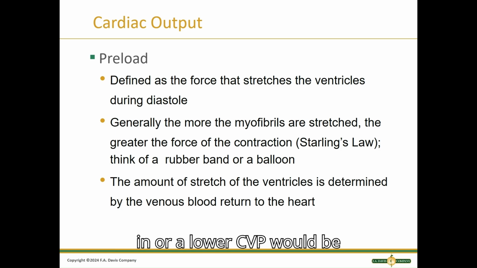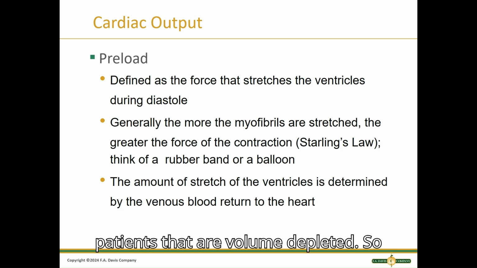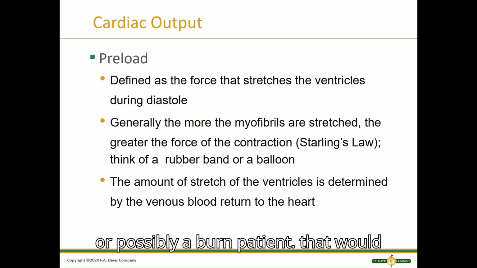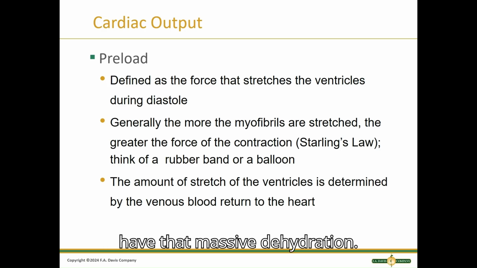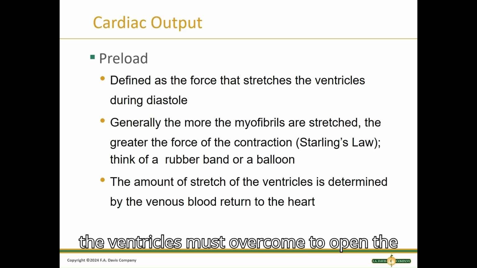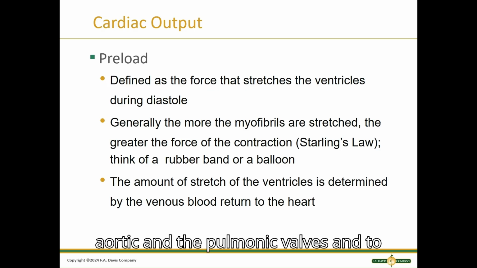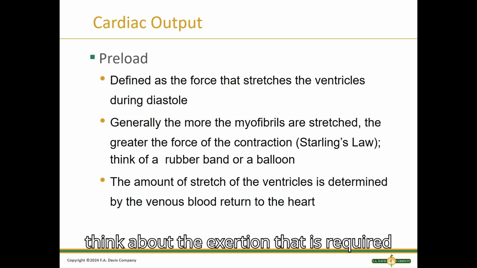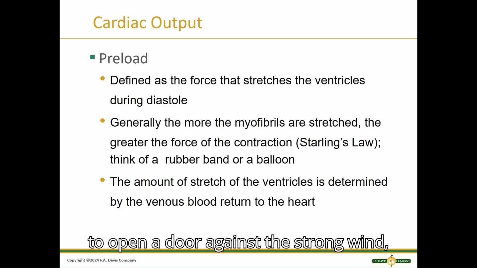The same thing goes for patients that have vasoconstriction or chronic hypertension. It causes an increased venous return and an increased preload, again, which we see in cardiomyopathy. Things that we might see a lower preload or a lower CVP in would be patients that are volume depleted. So think about patients that are dehydrated or possibly a burn patient that would have massive dehydration.